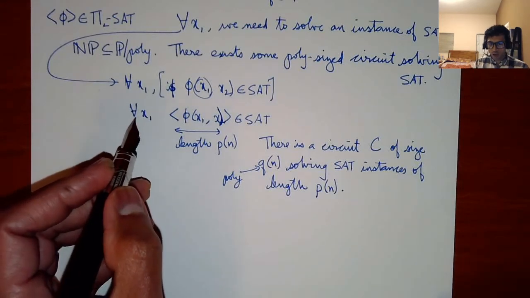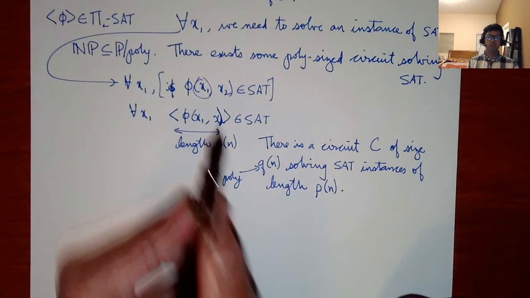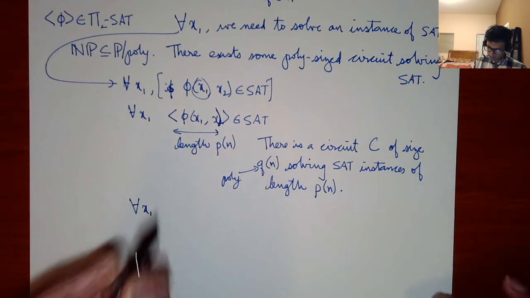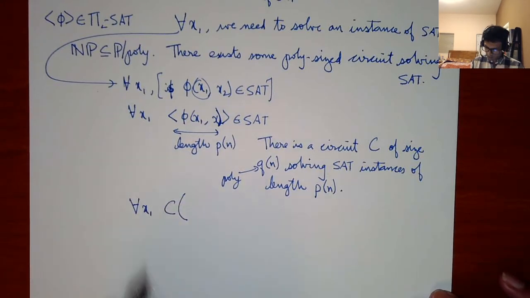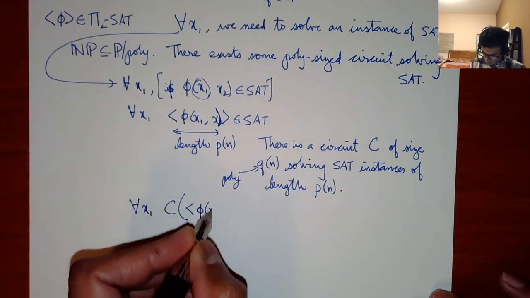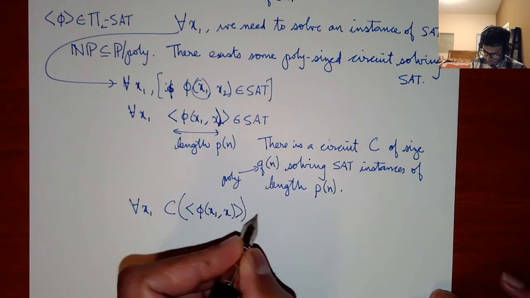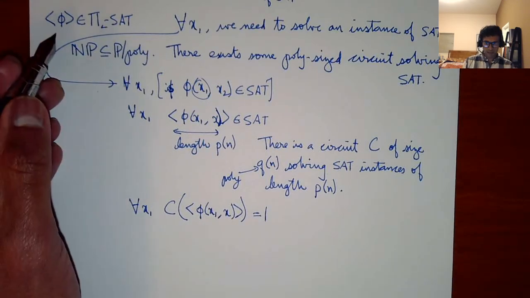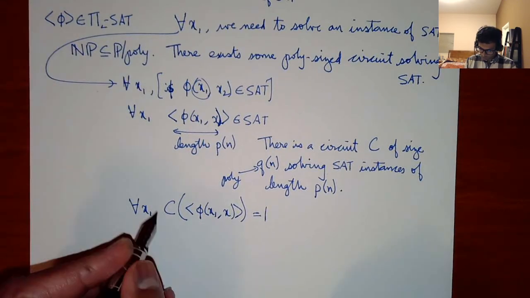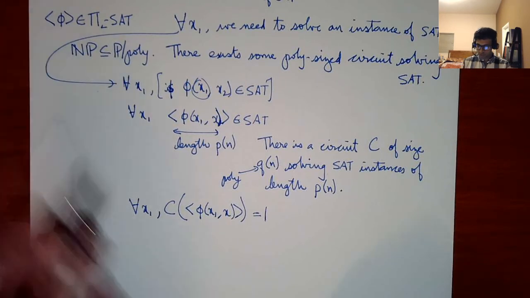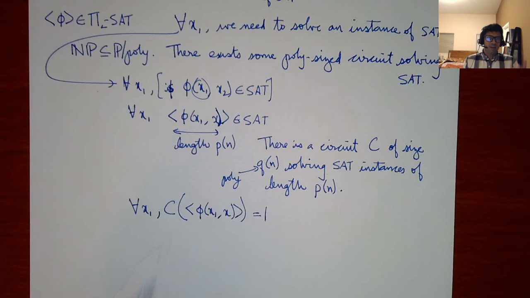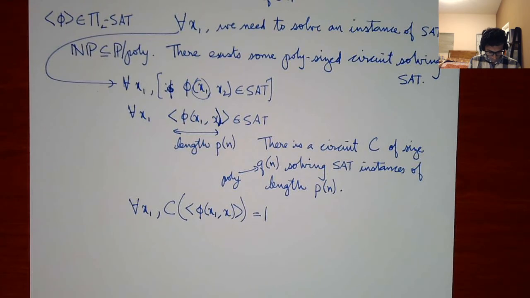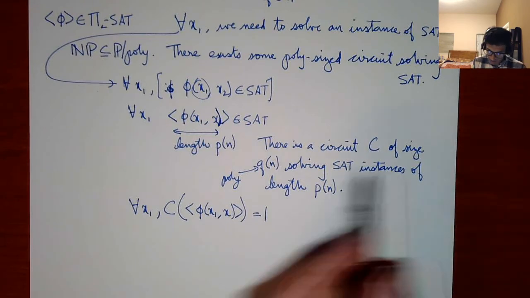So what does it mean that for all x1, phi of x1 comma x is in SAT? That's just saying that for all x1, C, when given the encoding of phi x1 x, is 1. That's really what it means for phi to be in pi 2 SAT. It means that for all x1, you fix the first argument, and then you feed whatever results into C, which is a circuit that solves SAT. Now C has size q of n.